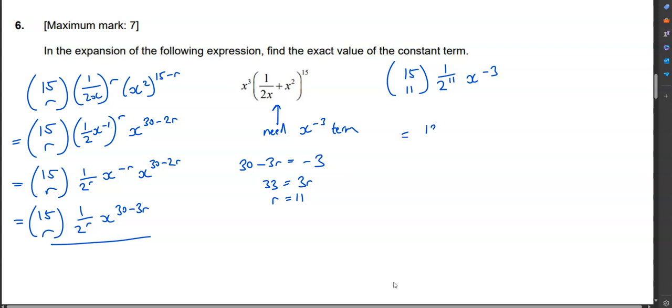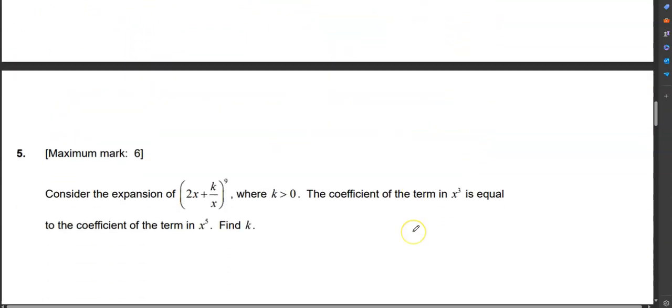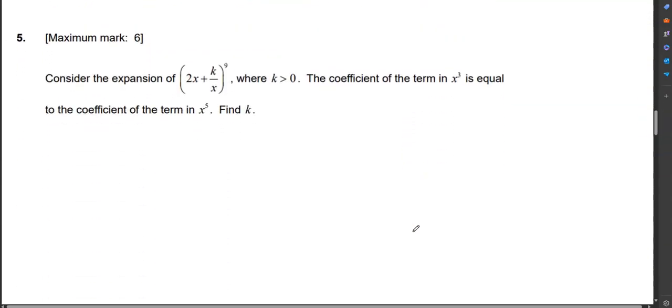So that was our x to the minus 3. Then when we multiply that by this term here, we would get 1365 over 2048. Okay, that was messy. Let us soldier on.